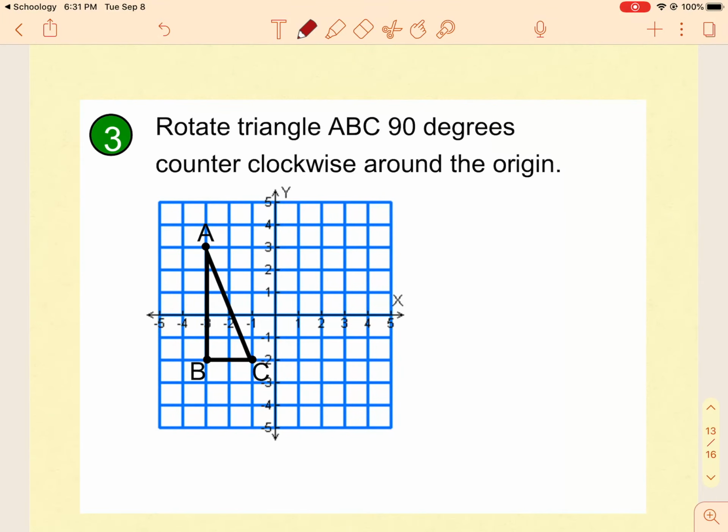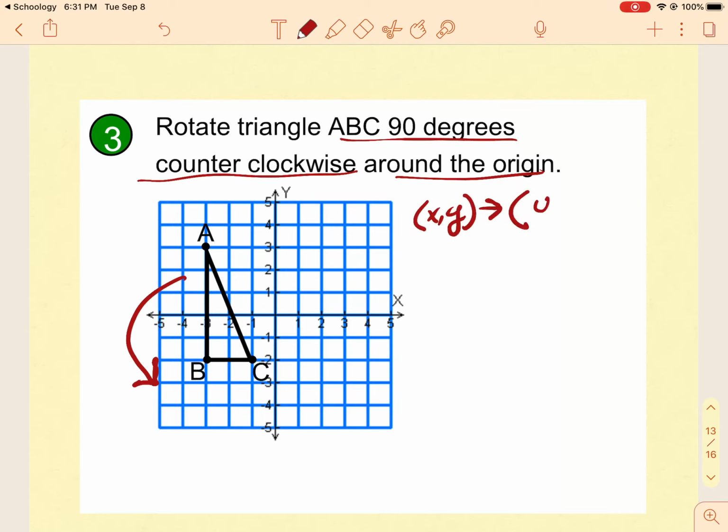Taking a look at this one, I want you to go ahead and pause the video and see if you could rotate it counterclockwise 90 degrees about the origin. So the rule here was you switch the x and y, but take the opposite of y.